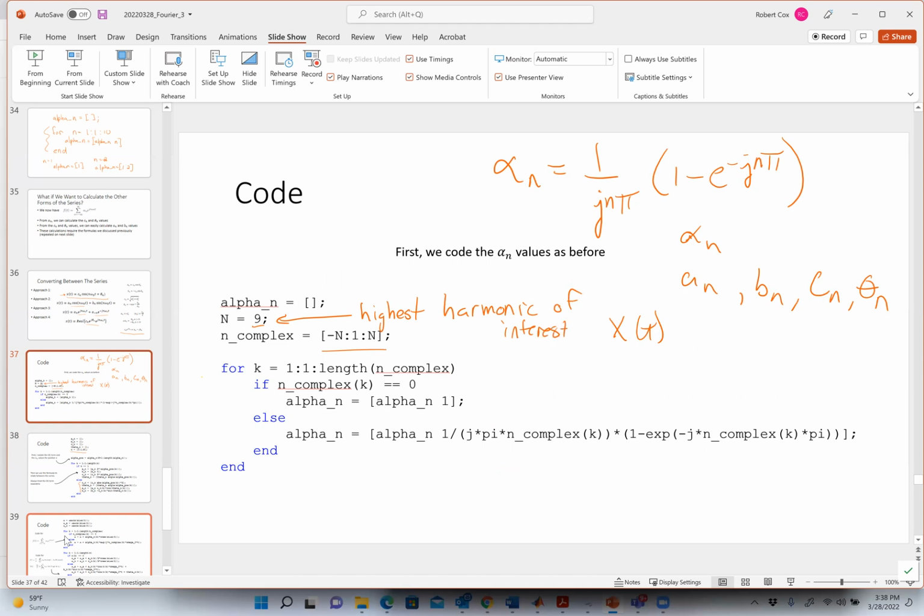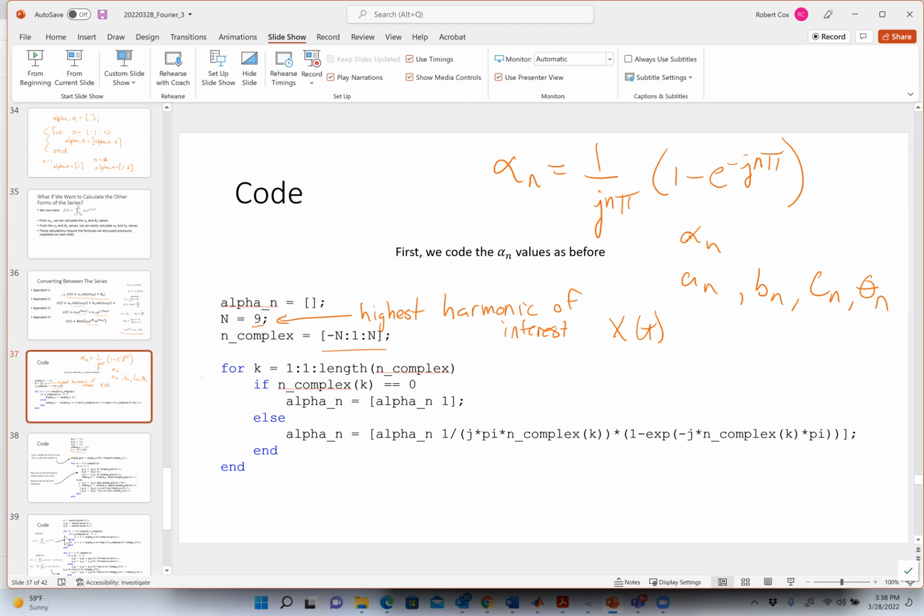Technically, n goes to infinity, but I'm saying let's just go to the ninth. What I created was this n complex value, which went from -9 to 9, and I calculated the alphas. If I go through the math here, I think it's going to have 19 values of alpha n, from -9 to +9.